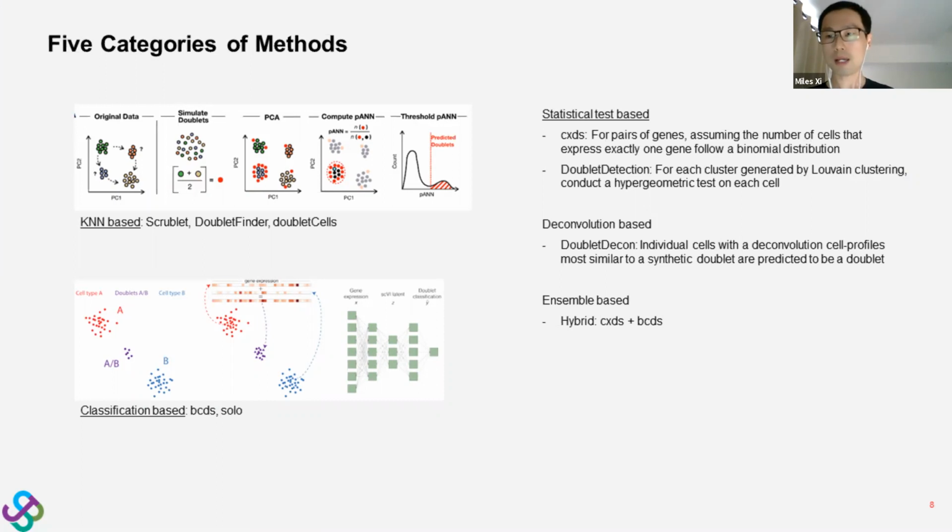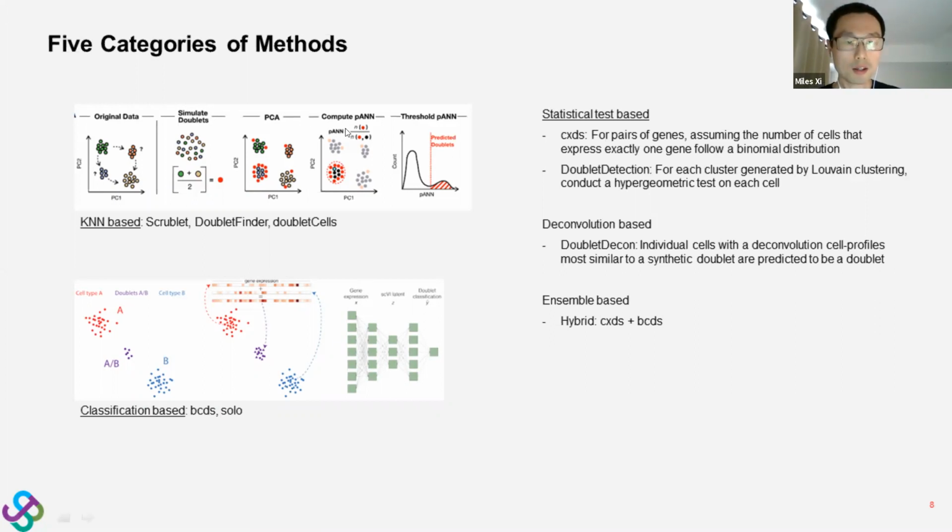Then the next step is I want to see, among all my current cells, which cells are most similar to these simulated doublets. If you find those most similar cells, then we have high confidence that those similar cells should be doublets. This is our logic, right?